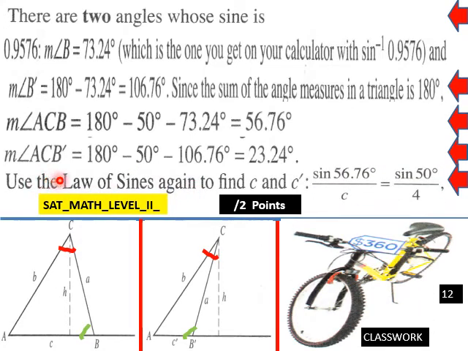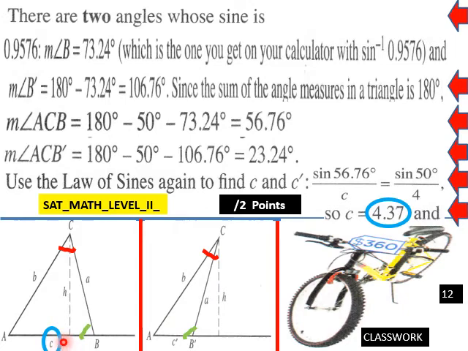So using the law of sines again to find C and C prime, here's C, and then here's C prime. For C, it's sine 56.76 over C equals sine 50 over 4. When we work that out, we get C equals 4.37.